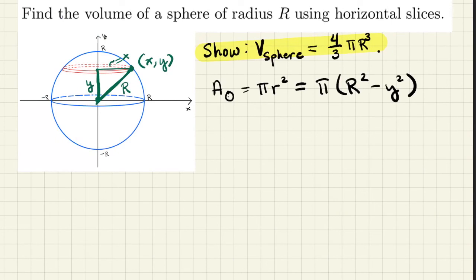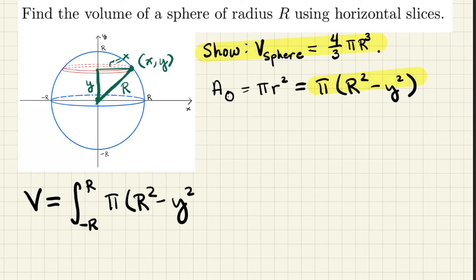So we can now solve for the volume of the sphere. So V is equal to the definite integral from negative R to R of the area, which is this. So that is pi times the quantity R squared minus y squared dy.